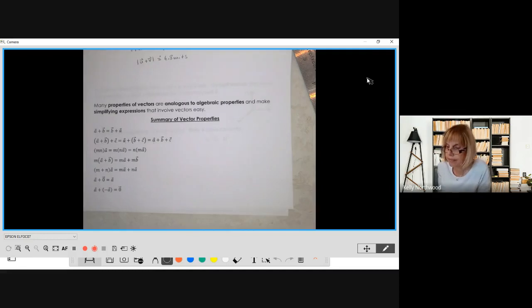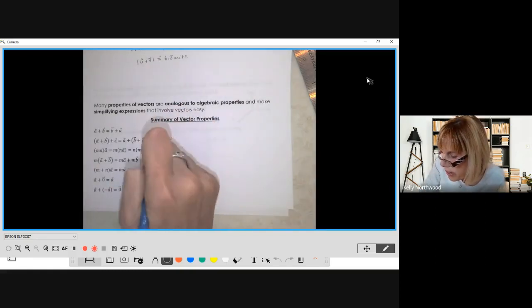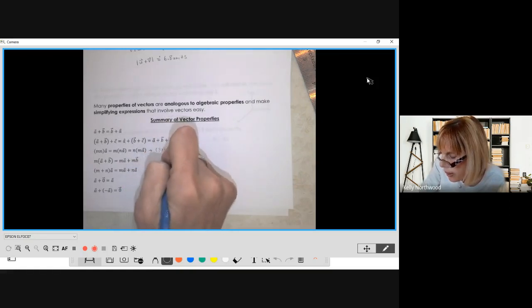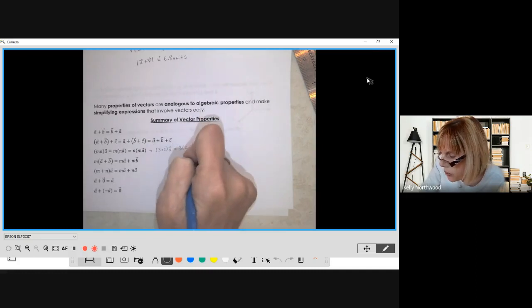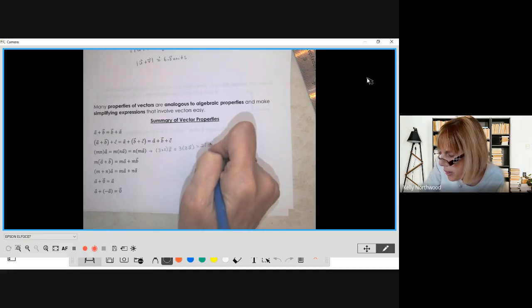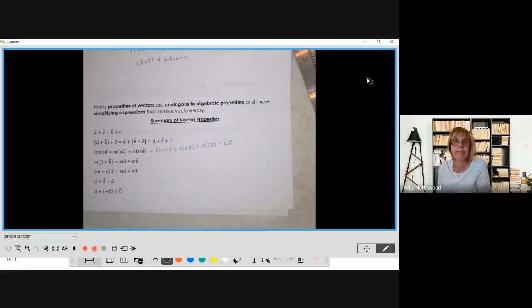That's what that's saying. This one looks complicated, but it's just a way of saying that if you have 3 times 2A, it's the same as having 3 times 2A, or the same as having 2 times 3A. In the end, they'd all equal 6 vector A's.